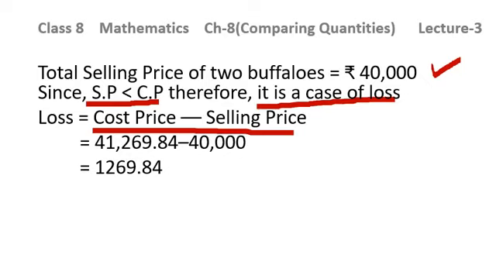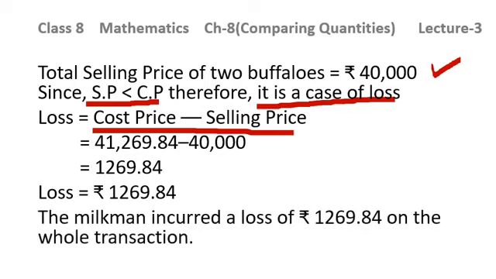So this is the answer, that is loss will be 1,269.84. You need to mention it in rupees because in this case we are not supposed to find the loss percent. So this is the loss of rupees 1,269.84.